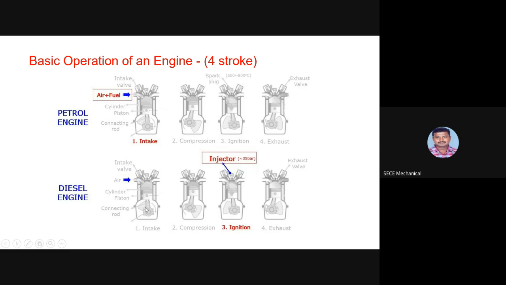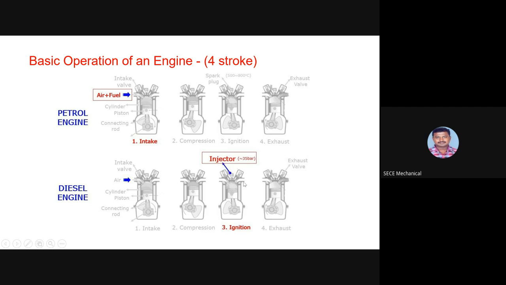Similarly, in diesel engines, the air is heated up to very high pressure, nearly 35 bar. At the end of the compression stroke in a diesel engine, the diesel fuel is sprayed as fine particles or droplets.